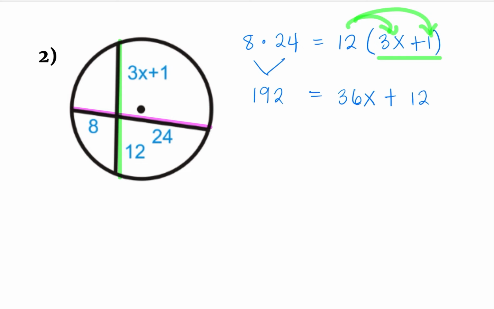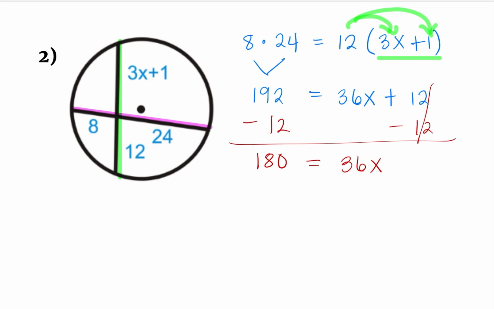We want to get the x by itself, so subtract 12 on both sides. So this will give us 36x equals, on the left side should be 180. Divide both sides by 36. So this will be x equals 5.